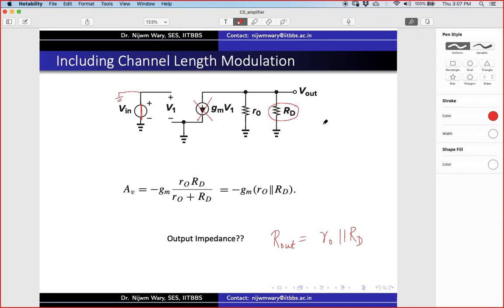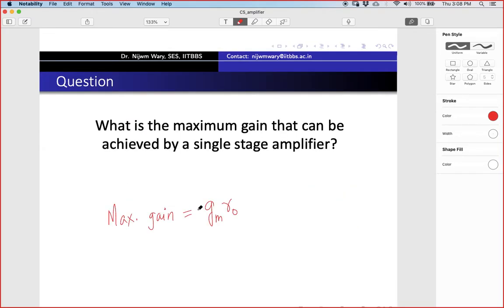What is the maximum gain if RD goes to infinity? Suppose I have an option to take this RD to infinity. Then the maximum gain possible is only minus GMRO. We cannot go beyond this point.